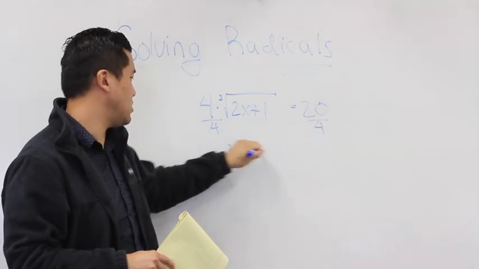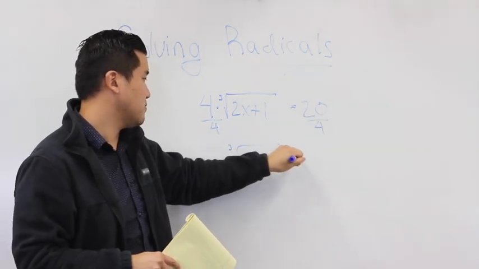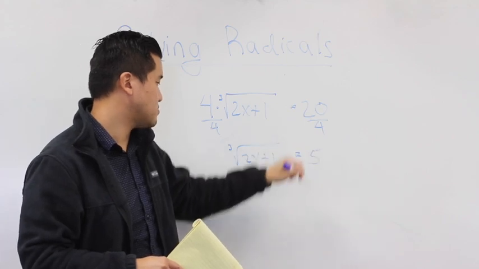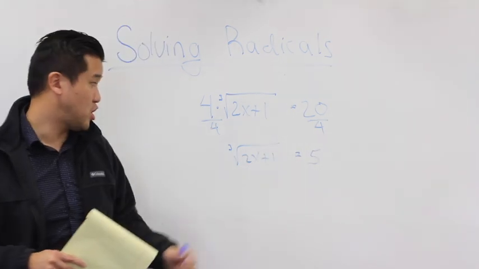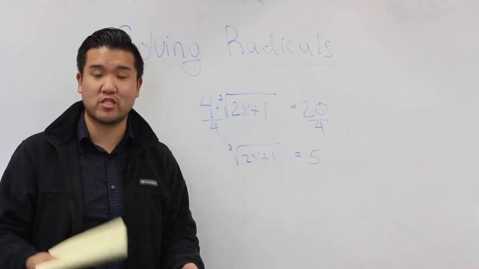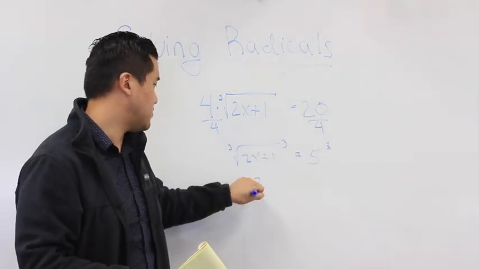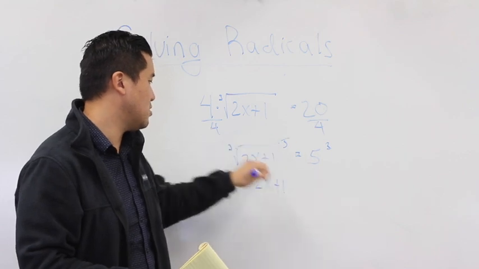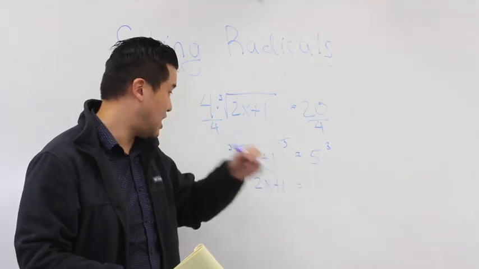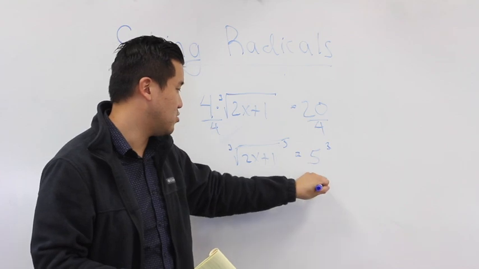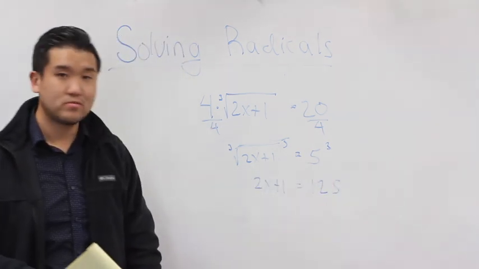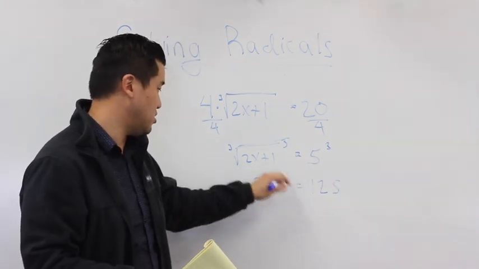So you have the cube root of 2x plus 1 equals 5. And then it's a cube root. How do you get rid of a root? You just take it to the same power. So you're going to take it to the 3rd power. So you have 2x plus 1. This cancels out. Here, you get 5 times 5 is 25, and 25 times 5 would be 125. Now you're just solving for x.